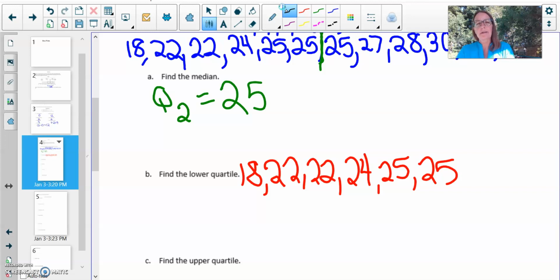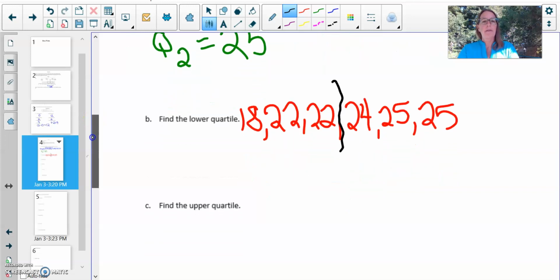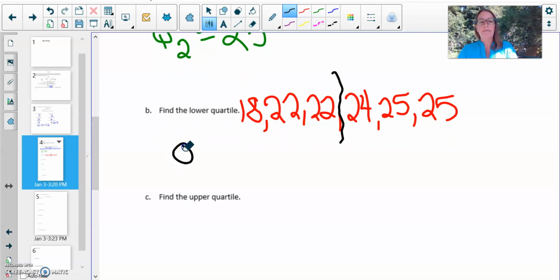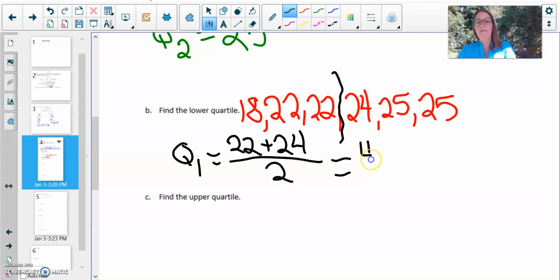Half of 6 is 3. So there's 3 data values below this median and 3 above. So for my lower quartile, or my first quartile, I would add together 22 and 24 and divide by 2. So I'm getting 46 divided by 2, which is 23.